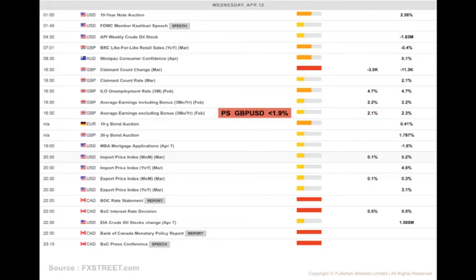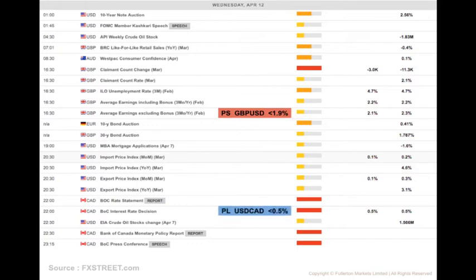Wage growth is important because if the wage is growing healthily, that means the spending power of people is going up, which is good for the economy. So market is expecting 2.1%. So this is our suggestion. Again, pending short if the actual number comes in lower than 1.9%.